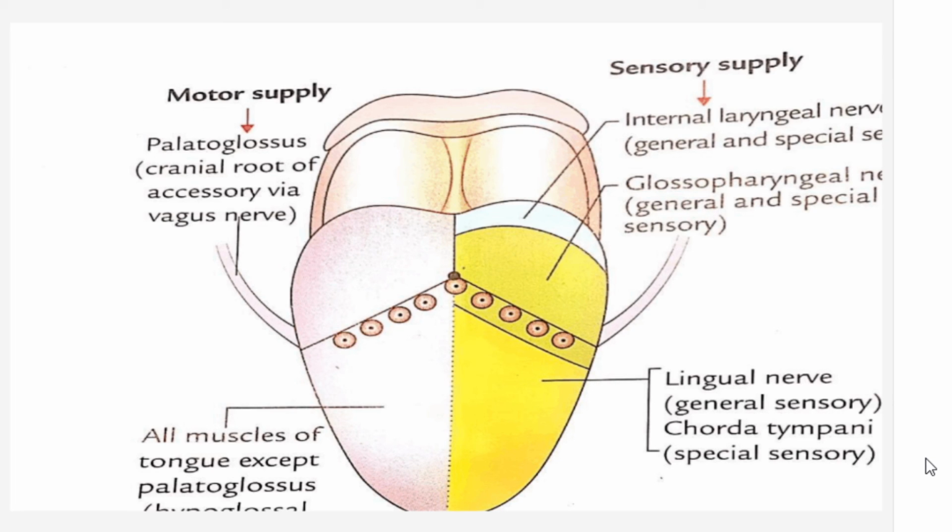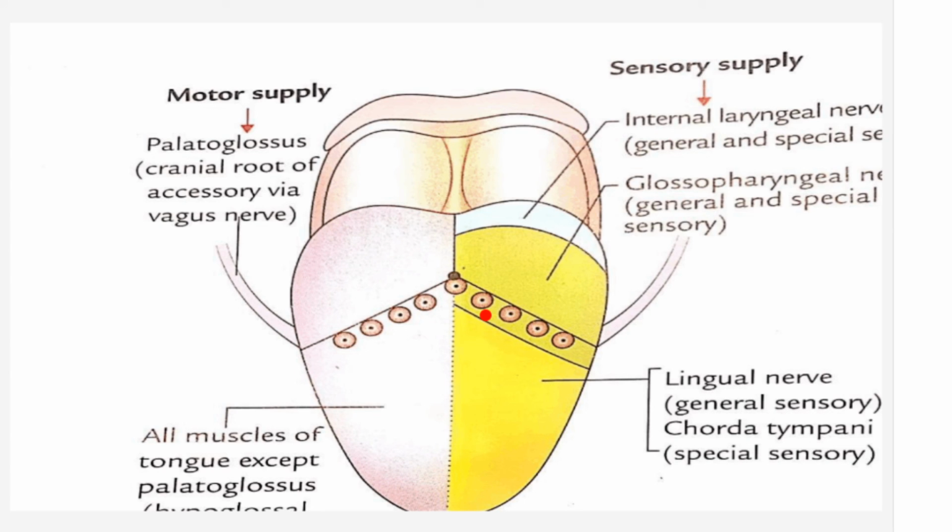Now, moving on to the nerve supply. The motor supply: all the muscles of the tongue, the intrinsic and extrinsic, are supplied by the hypoglossal nerve, except the palatoglossus, which is supplied by the cranial root of accessory via the pharyngeal plexus.